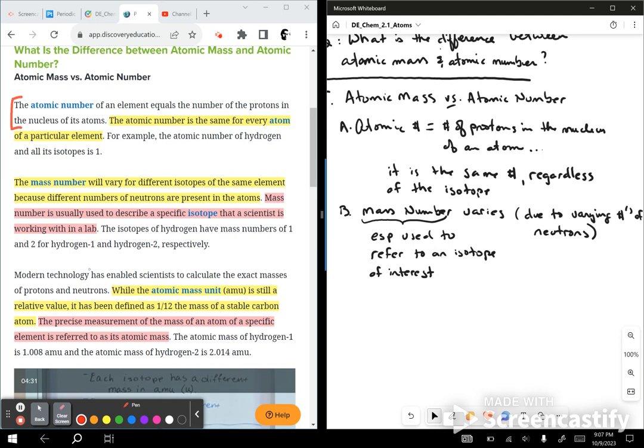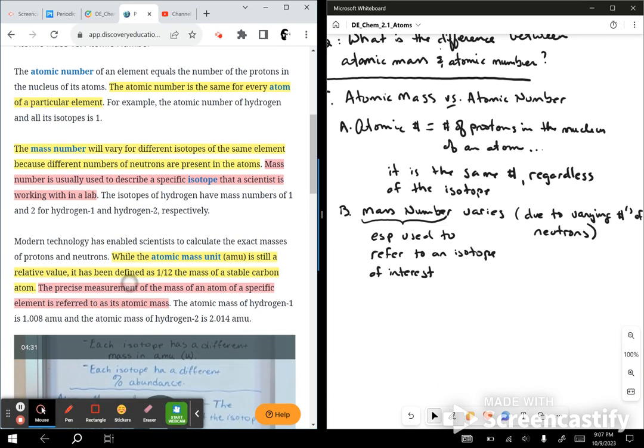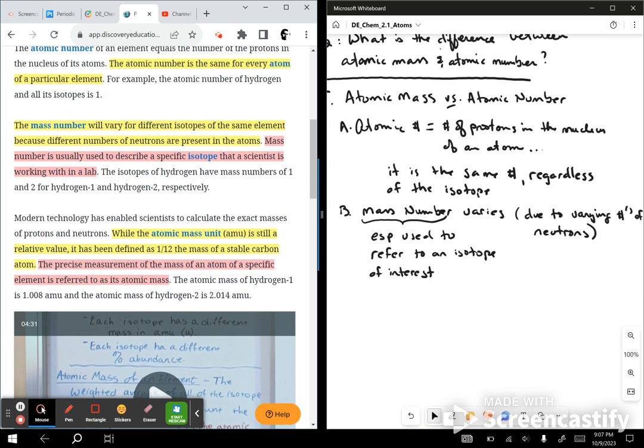Okay, so let's say the isotopes of hydrogen have mass numbers of 1 and 2 for hydrogen 1 and hydrogen 2, respectively. Okay.